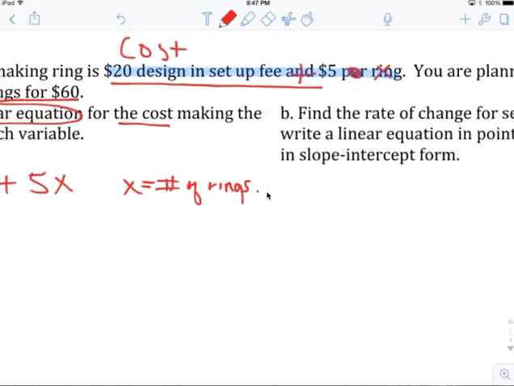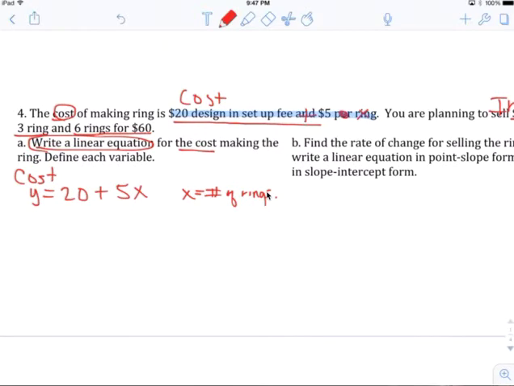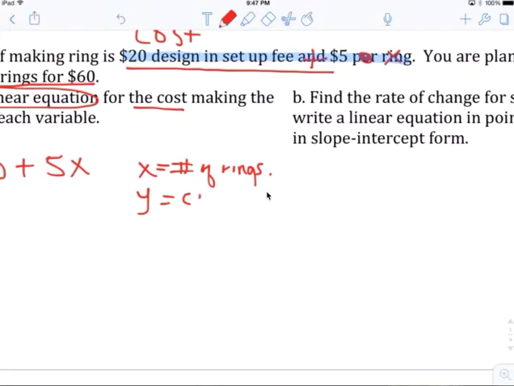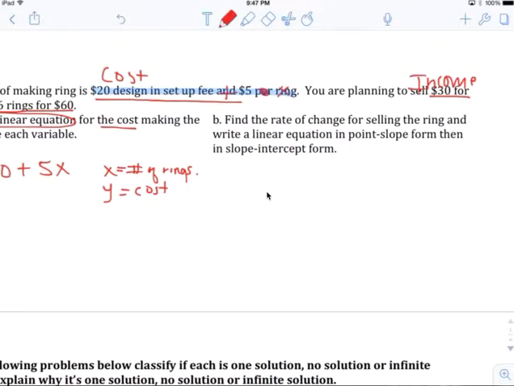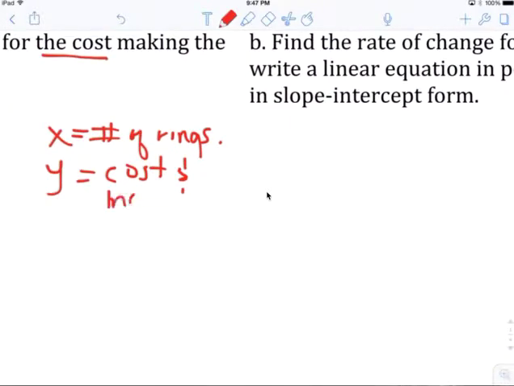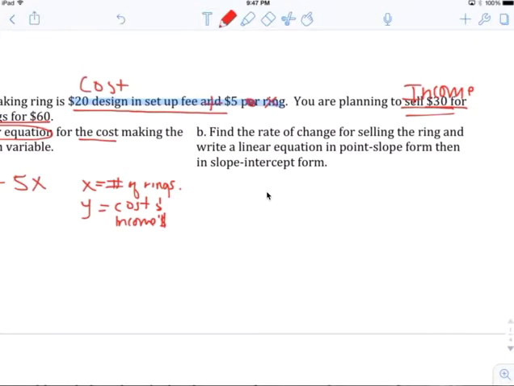Okay, that's the cost, and y then is cost. And it's going to be income here because we're going to make y for income over here. So income is also in dollar amount because we're selling and buying things, okay?